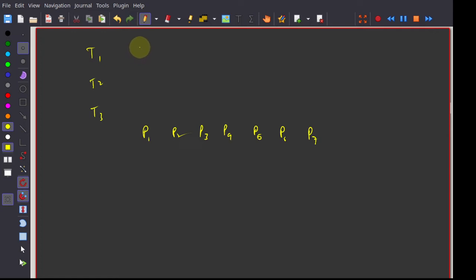So 1, 1, 1, 1: the first test is going to test the first 4 people and not test the last 3 people. Then 1, 1, 0, 0, 1, 1, 0, 0, and 1, 0, 1, 0, 1, 0, 1, 0.